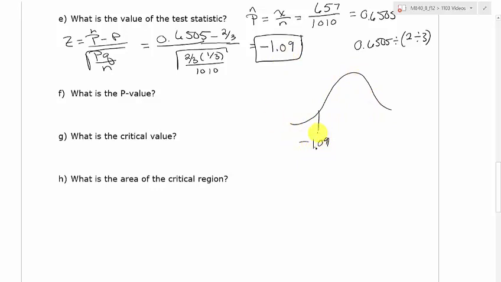So we want to find the area from negative 1.09 out to the left, and also from 1.09 out to the right. Since this is symmetric, we're just going to multiply the area that we find by looking up negative 1.09.